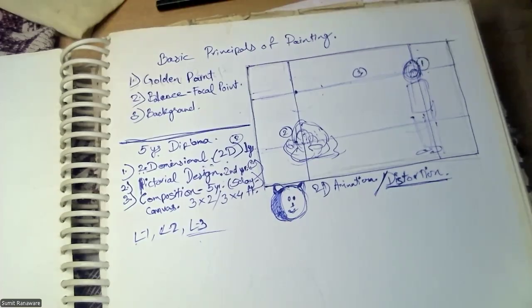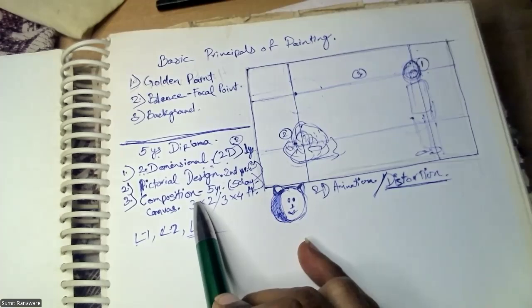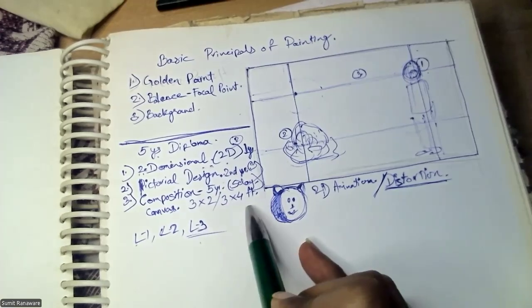Okay, so right now I don't have that photograph of the 10-foot paintings. Otherwise, I would definitely have shared it with you. Okay. So the composition is given a bigger canvas to paint.